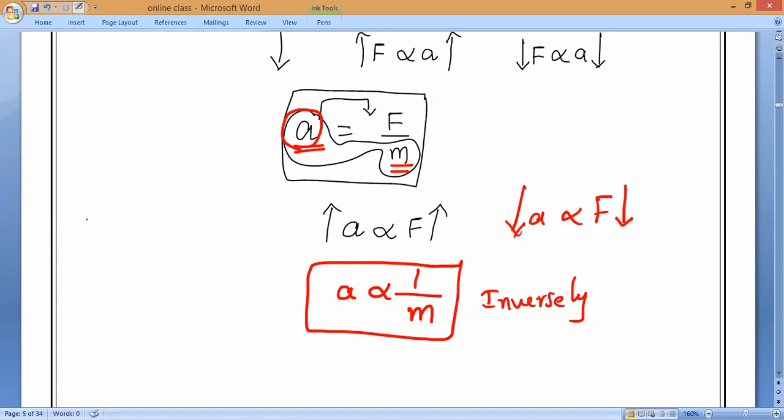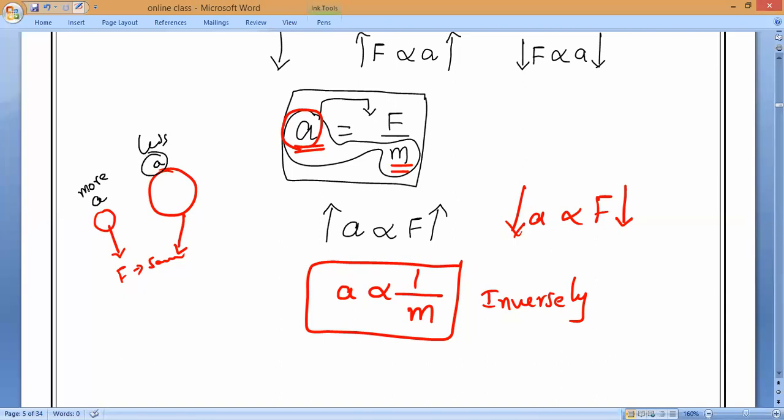For example, I have given you a 1 kg stone and a 10 kg stone. I have applied the same amount of force. Force is constant, the same. Now you tell me, in which body can you create more acceleration, the small body or the big body? Small body, more acceleration; big body, less acceleration.